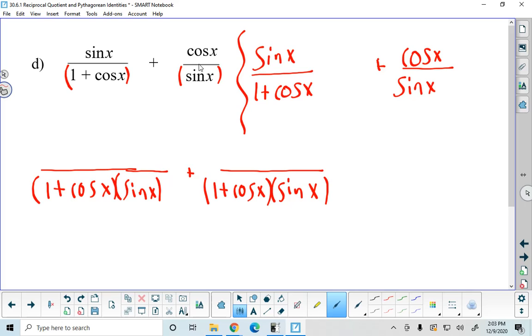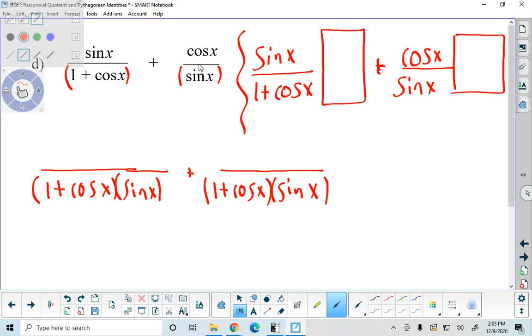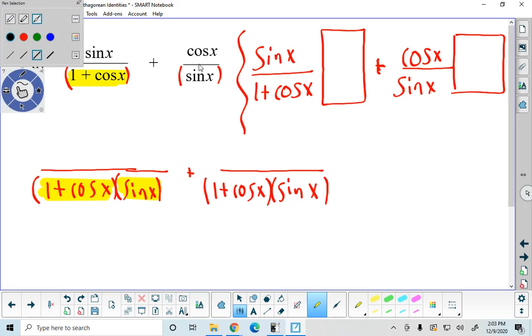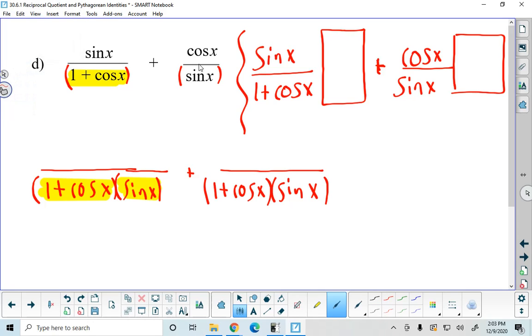You are going to want some room here and some room here. Here's the reason. In order for me to convert 1 plus cos x as a denominator to 1 plus cos x times sine x, I have to multiply the top and the bottom of this first fraction by sine x.